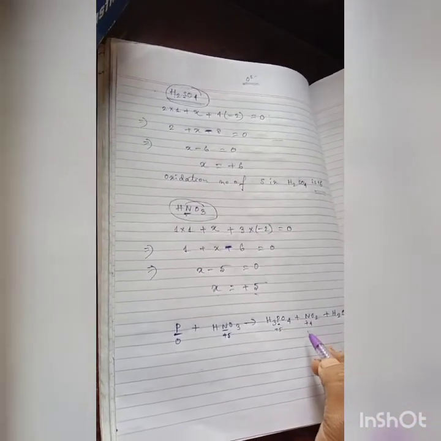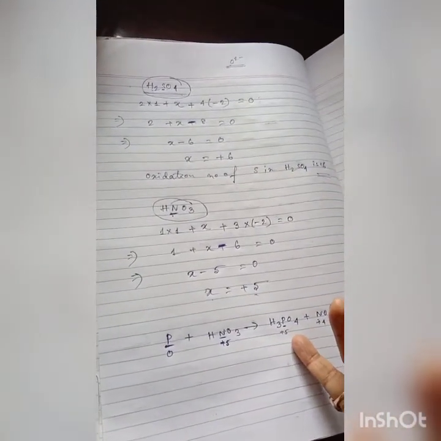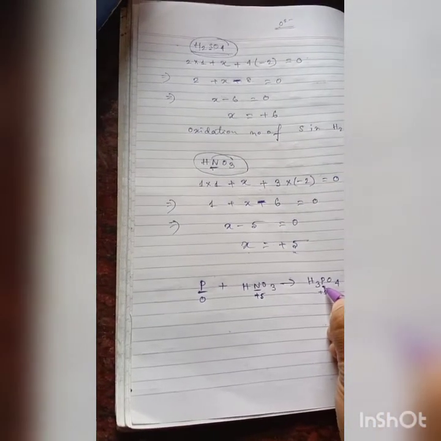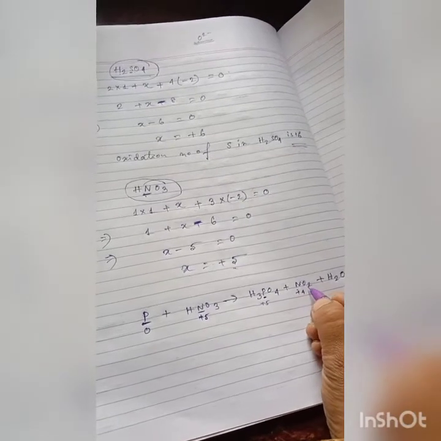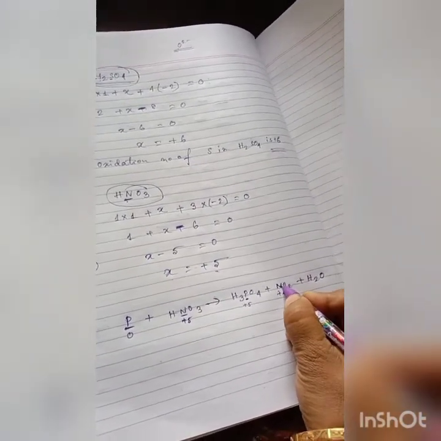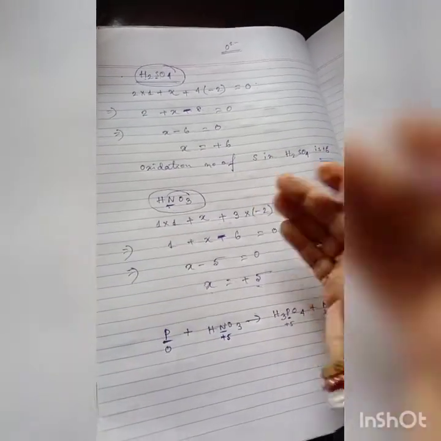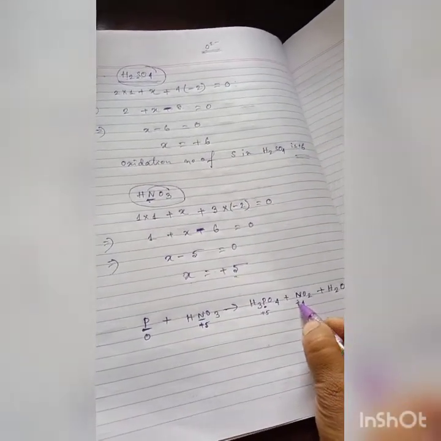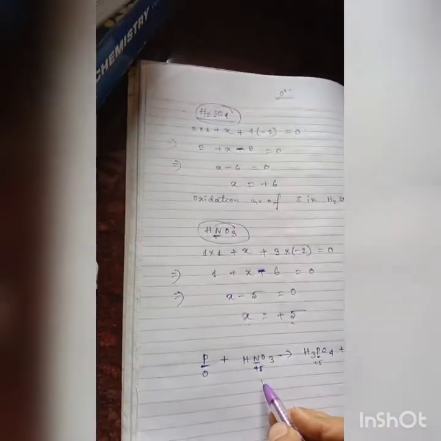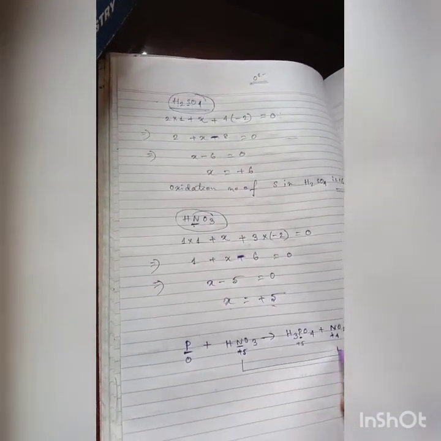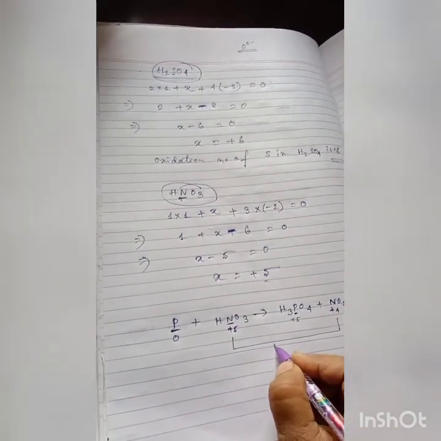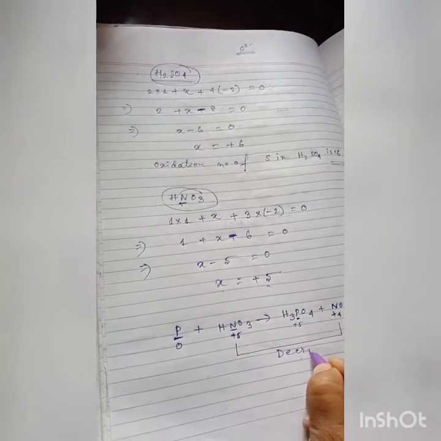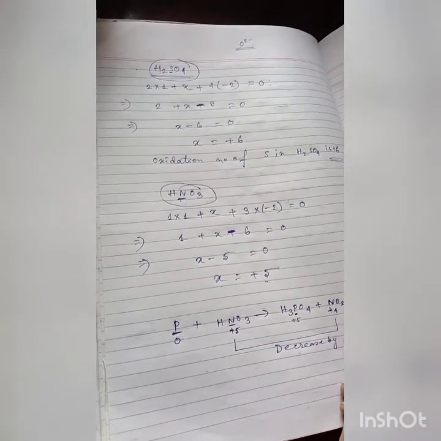Students, we calculate in this way the oxidation number of phosphorus in H3PO4. And in NO2, the oxidation number of nitrogen is also calculated in this way, and we take it as +4. Here the oxidation number of nitrogen decreases by 1.